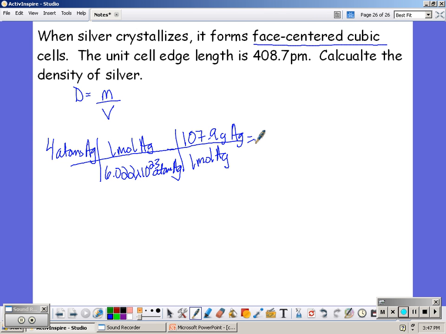So that gives me a mass of 7.17 times 10 to the negative 22nd grams. These numbers are going to be very small. Now I just have to figure out volume.